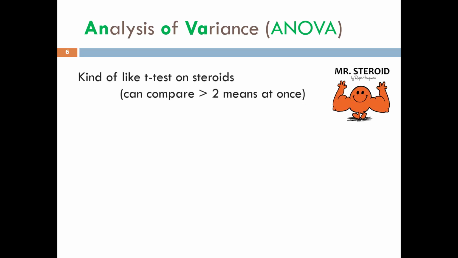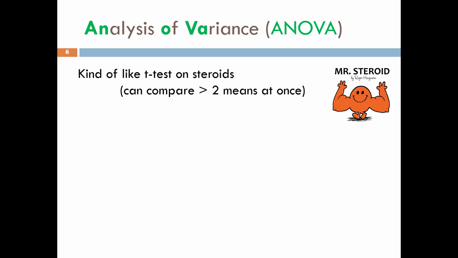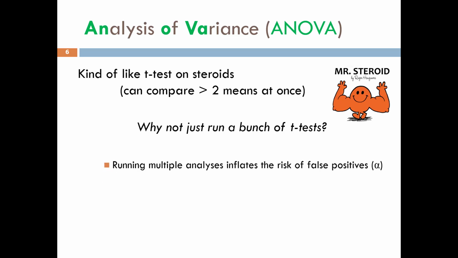I think of ANOVA kind of like a t-test on steroids, because you can now compare more than two means at once. T-tests can only compare two means for you, but ANOVA can do more than that. So you might wonder, why not just run a bunch of t-tests then? Might be much simpler. Well, one reason not to do that is because running multiple analyses like that will inflate the risk of false positives.